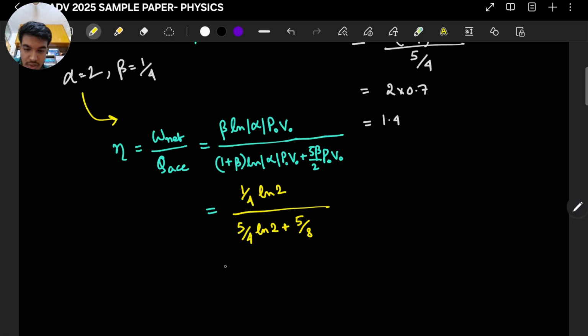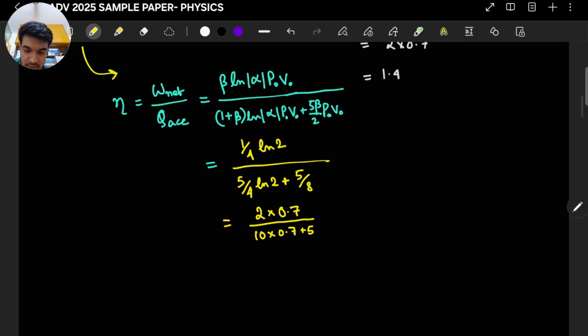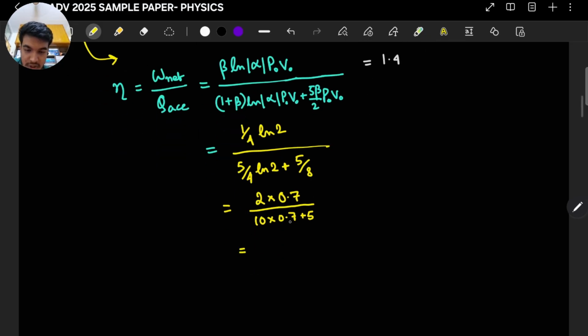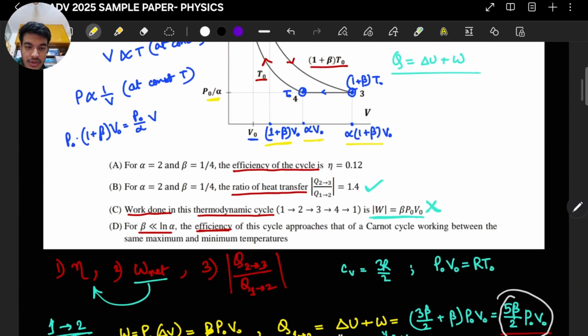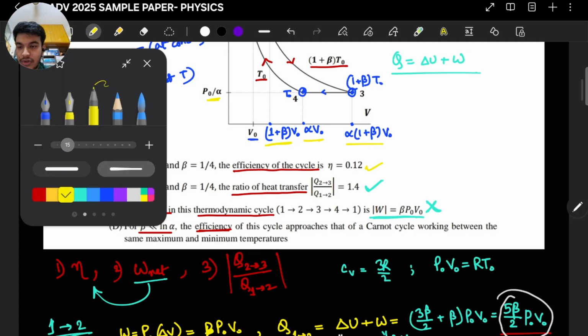So here I would get 2 into 0.7 over 10 into 0.7 plus 5, and if I simplify this, it would be 1.4 by 12, which is approximately 0.12. You can find out. So this is also correct. The first option is also correct.